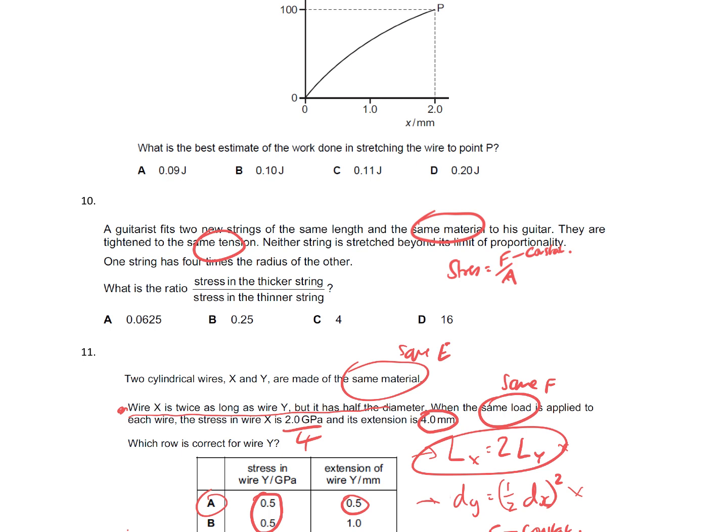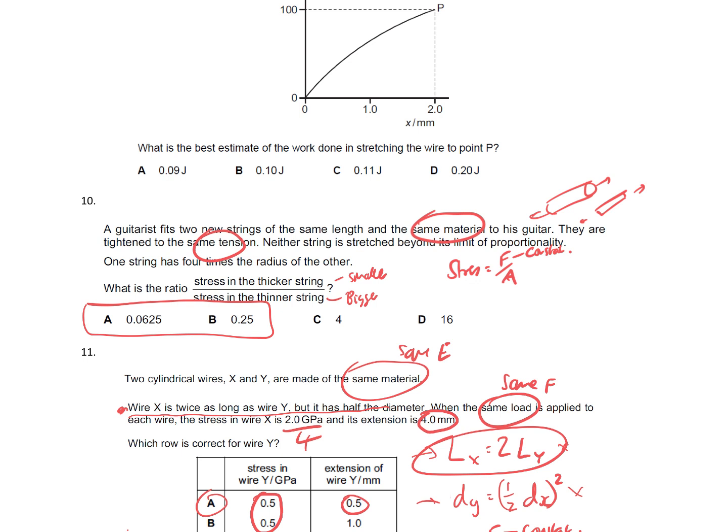Now, just think about a thick and a thin piece of string. If they've got the same force, which one's going to have more stress? Well, obviously the thinner one's going to have more stress. There's less material to take that force. So we expect our answer to be less than 1 because we expect the stress in the thinner to be bigger than this one at the top. So smaller divided by bigger, so we know it's either A or B. Again, it's 50-50 at this stage.